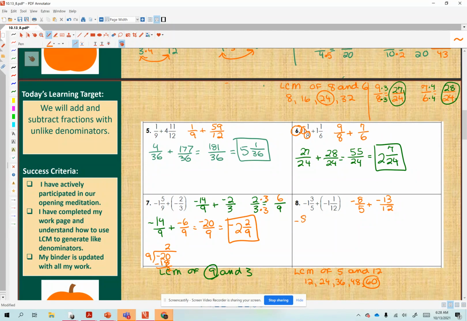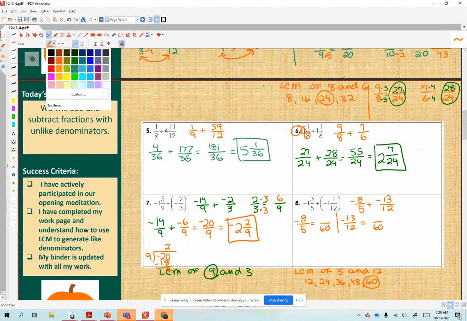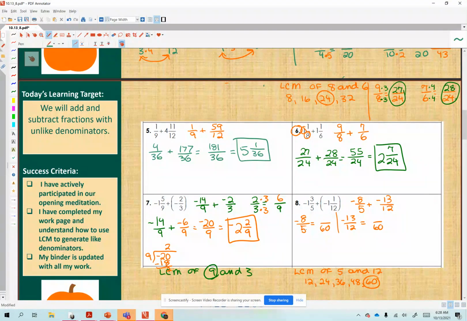So let's make those conversions to equivalent fractions with 60 in the denominator. So 5 times 12 is 60. 8 times 12 is 96. 12 times 5 is 60. 13 times 5 is 65.